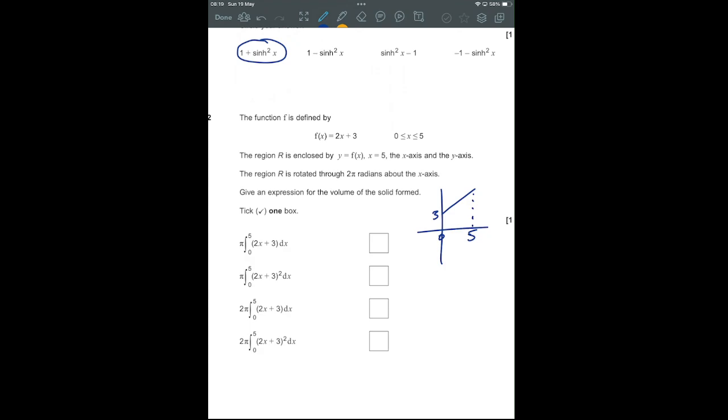We want the region rotated 2 pi around the x-axis, so it's going to be a dx. And we remember our formula is pi y squared dx between those limits. So I'm looking for, well, those have got 2 pi, so they don't work. That one doesn't have the squared, so that's the one with the correct formula.